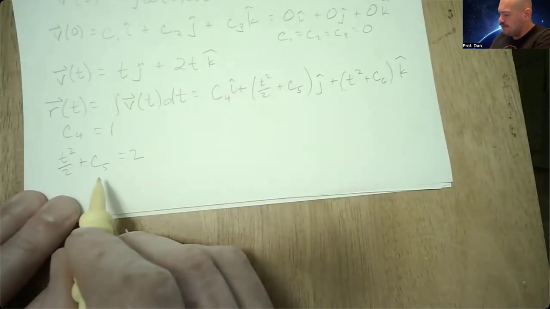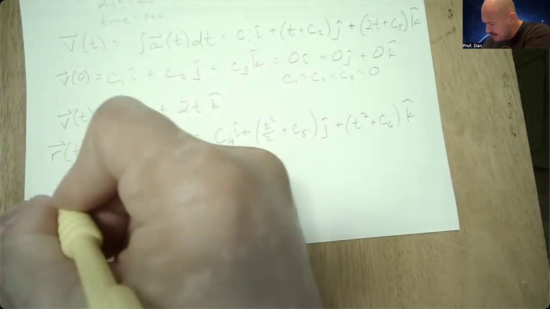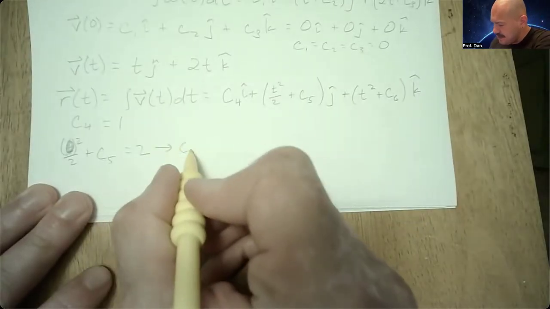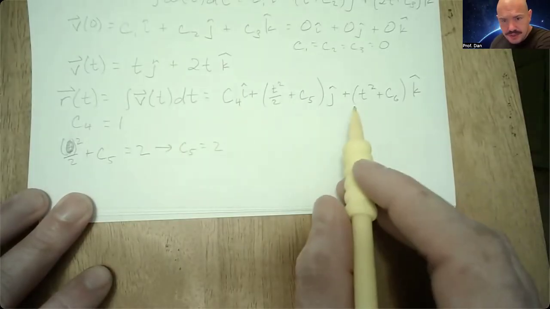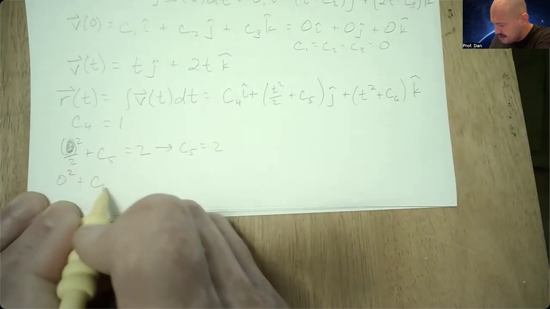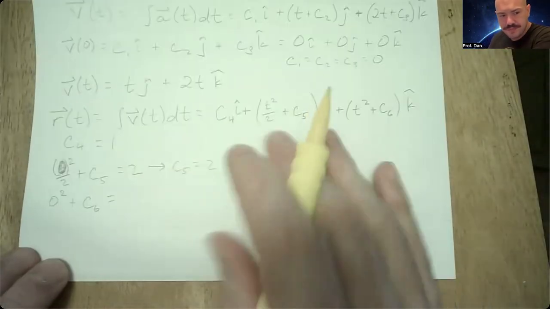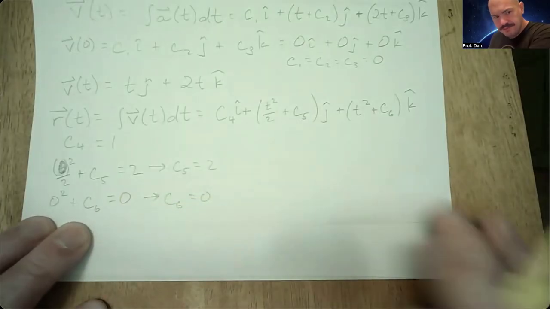This is specifically when t is equal to 0. So instead of writing t squared, I'm actually just going to plug 0 in for that. So that tells me that C5 is equal to 2. Now for the z coordinate, we get 0 squared plus C6 is equal to the z coordinate we were given, which was 0, which tells me that C6 is equal to 0.